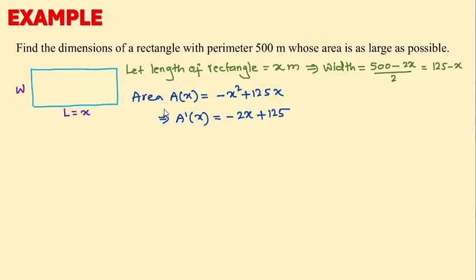Hold on, one important thing here. There is a small error that I want to point out. Over here, when you divide 500 by 2, it's not 125. 500 divided by 2 is 250. So this is 250. Okay, 250.